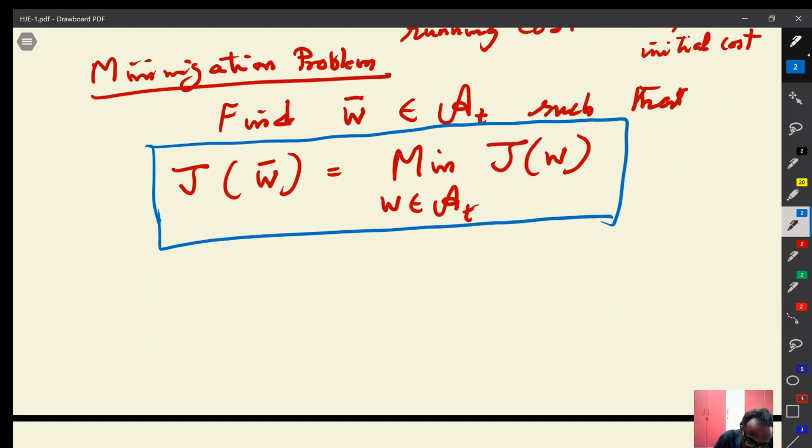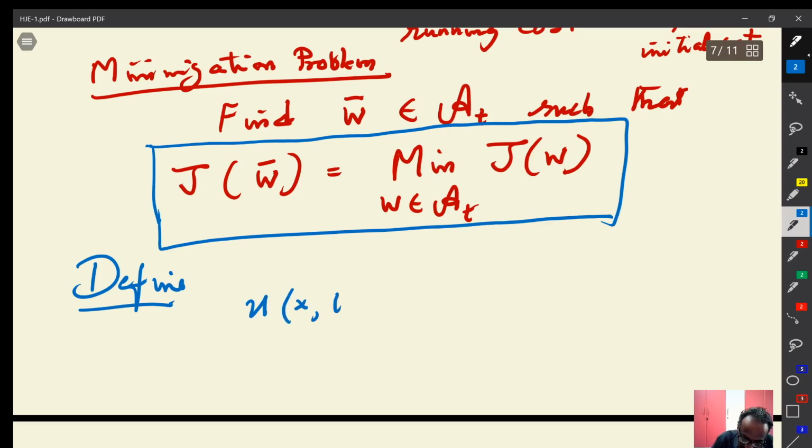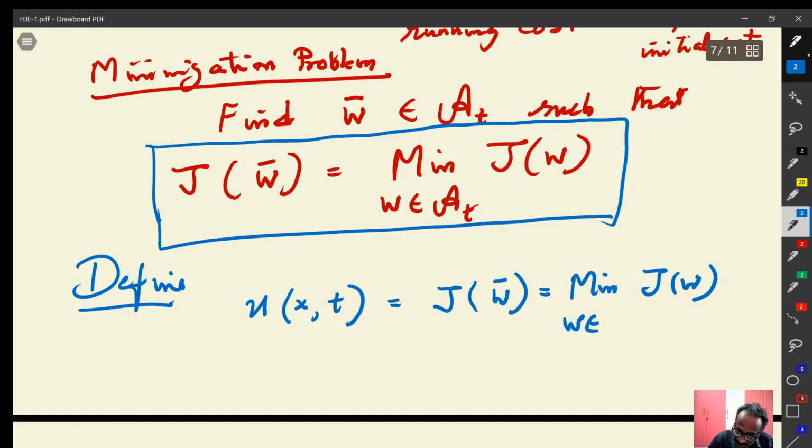We call this minimum value u(x,t). So define u(x,t) as your minimum value, that is J of W bar, which equals the minimum of J of W over W in A_t. Eventually you will see u is a solution to your Hamilton-Jacobi equation, but what is the corresponding L?